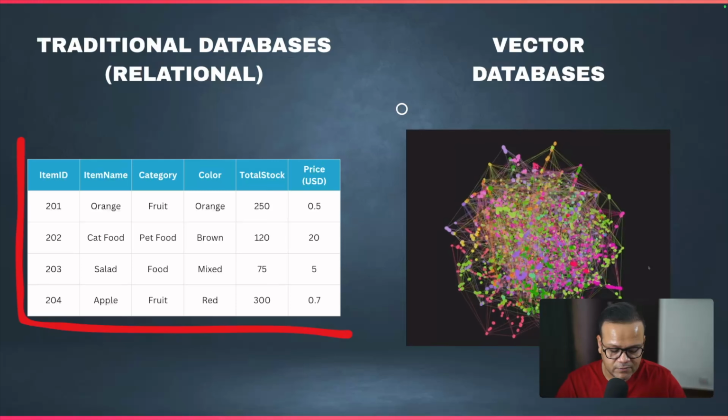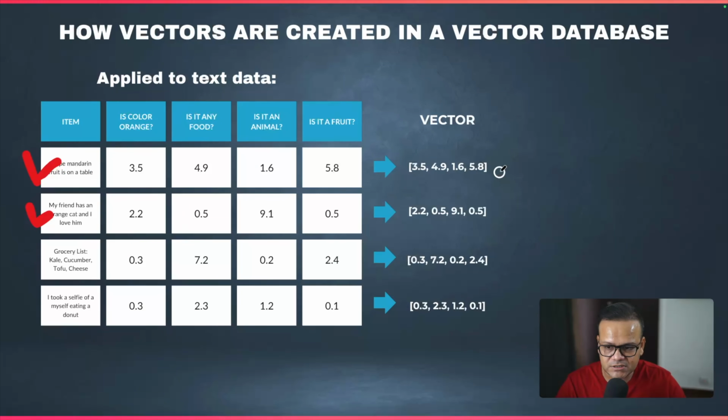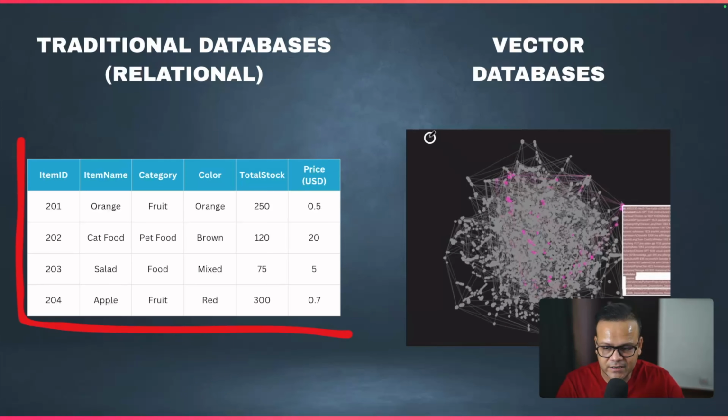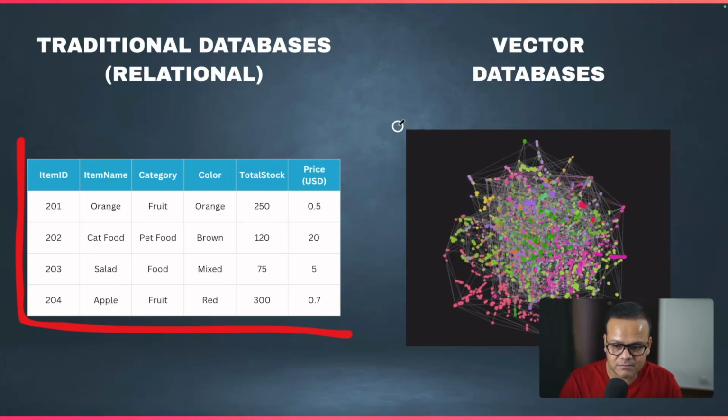The array that I was talking about, the multiple dimensions, it could be in hundreds. So instead of just 4, there could be hundreds of attributes which are putting them into different dimensions. So it's just an example to give you that how exactly it works, or how can it work. So now I hope it's clear what vector databases are and how they are different from your traditional relational databases.